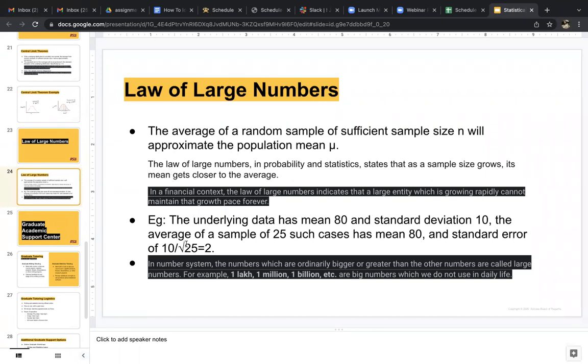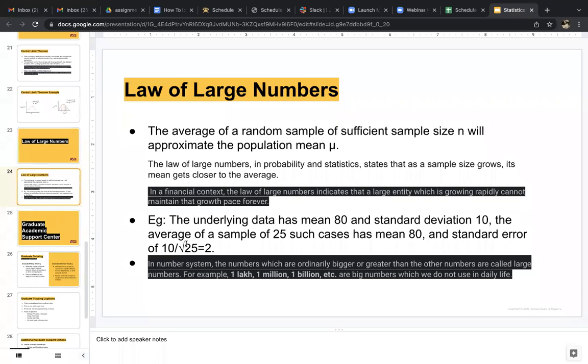So, in the financial or statistics context, you can say that the law of large numbers indicates that a large entity which is growing rapidly cannot maintain that growth pace forever. It means that after some time, the values again will be closer to the mean values.